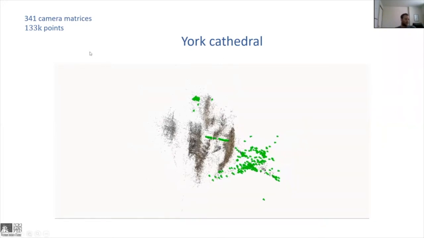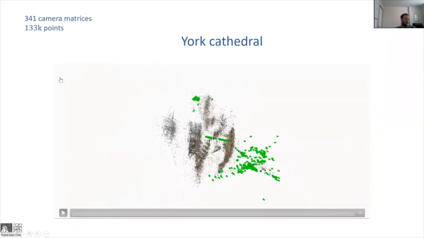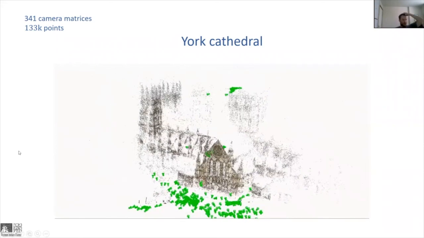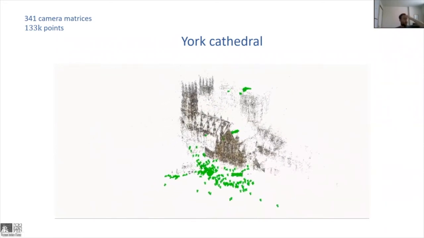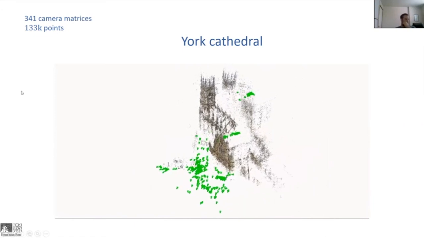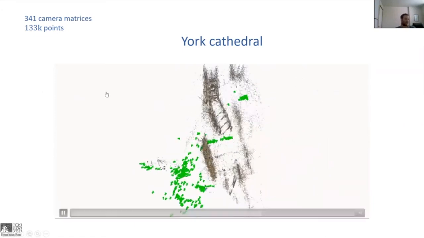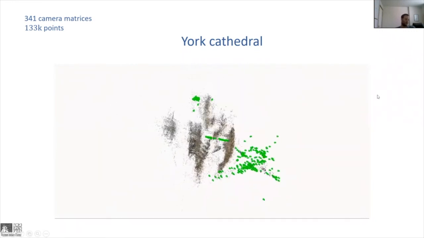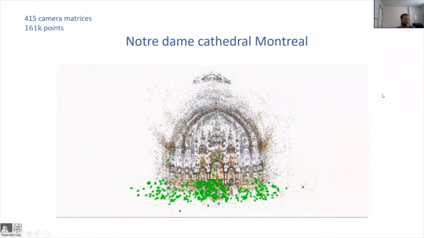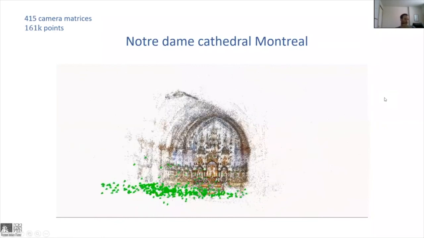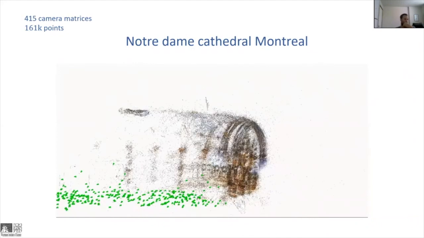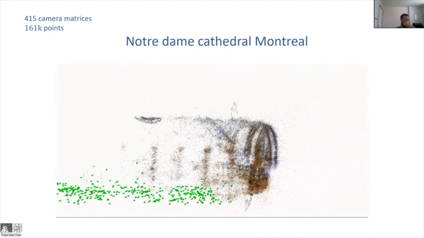As you can see, for example, here we have 341 cameras with 133k points, and this is the structure you get after all the optimizations. And another example is 415 cameras and 161k points.